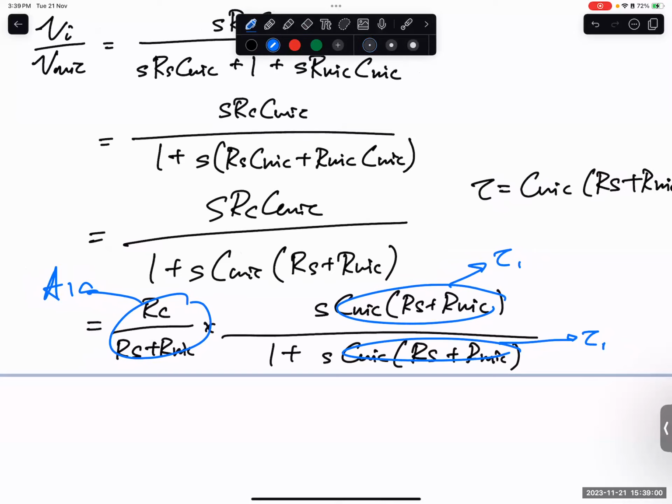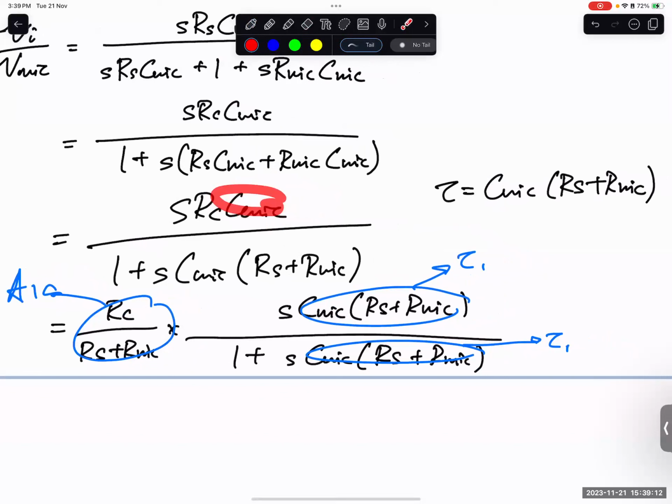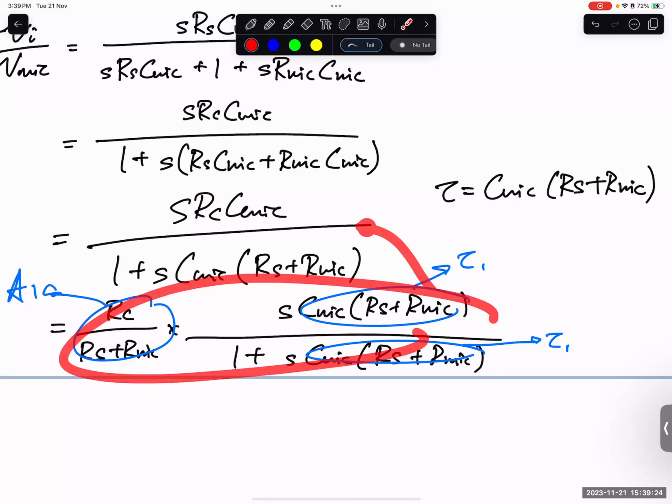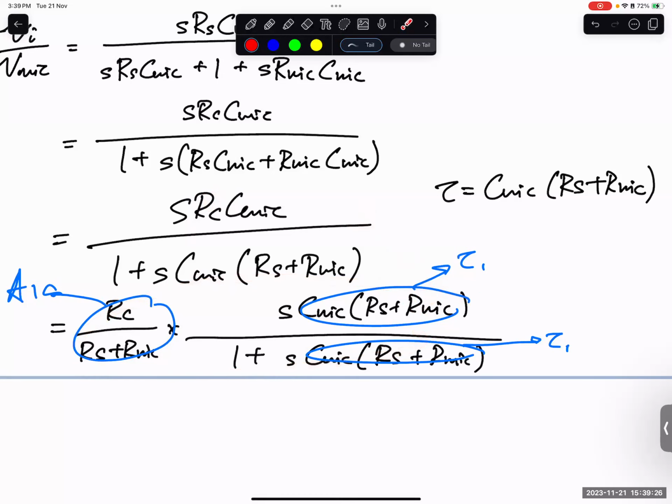Wait, what do you do in between these two? From here to here, I just divide by. So I want to get from R_S suddenly become R_S plus R_mic, right? So I need to divide by this one. Then this one I just put here only. You know what I mean? Just to convert. But in the end these two will cancel out.